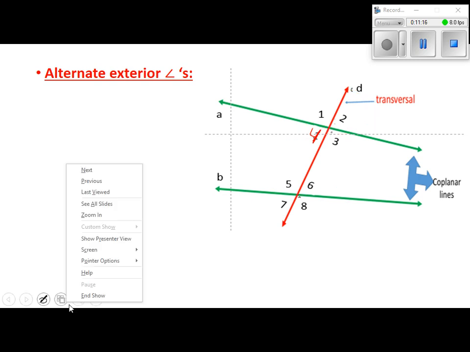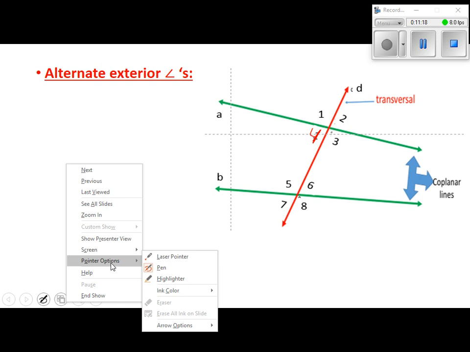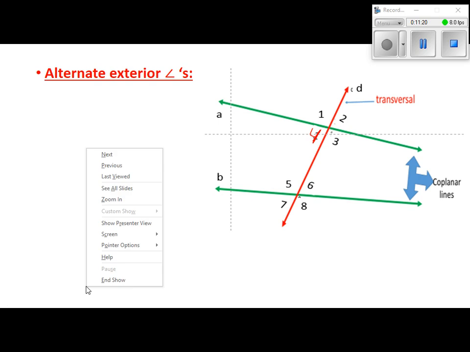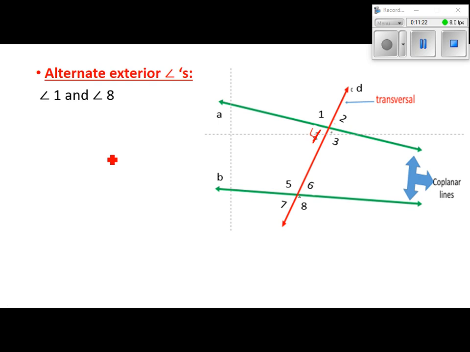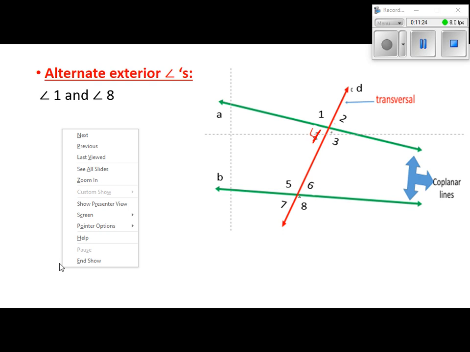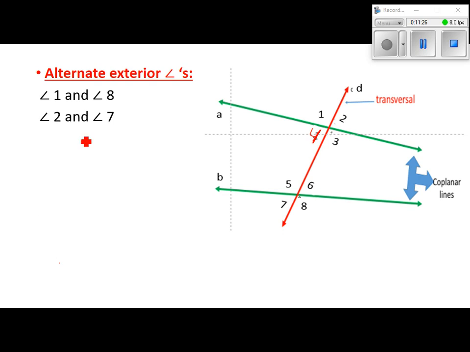So the exterior angles that are sort of on opposite corners would be 1 and 8. And then you can probably guess the other pair, 2 and 7. So angle 1 and angle 8, alternate exterior, angle 2 and angle 7, alternate exterior angles.